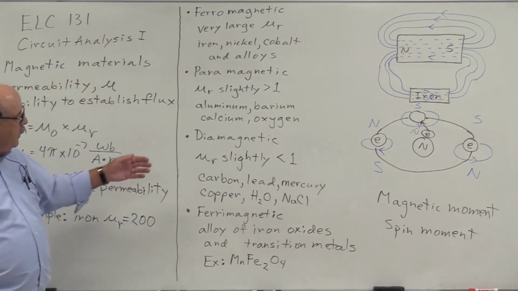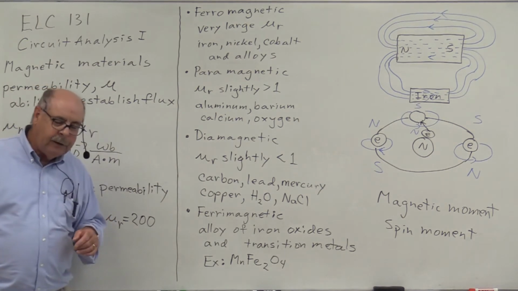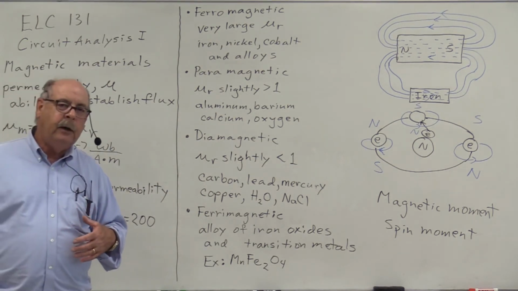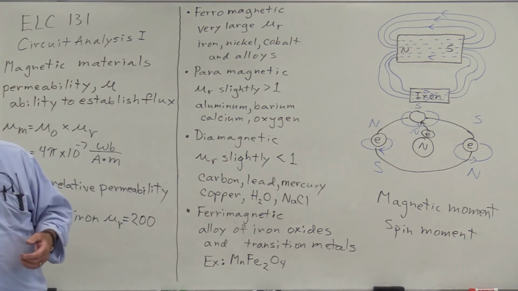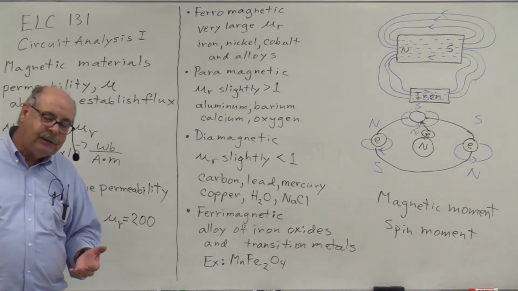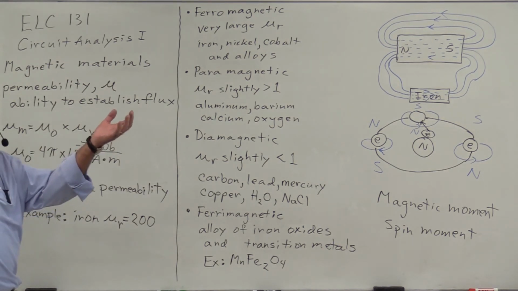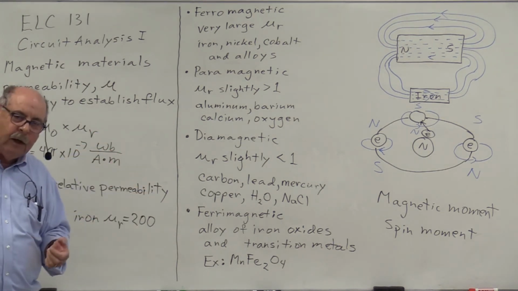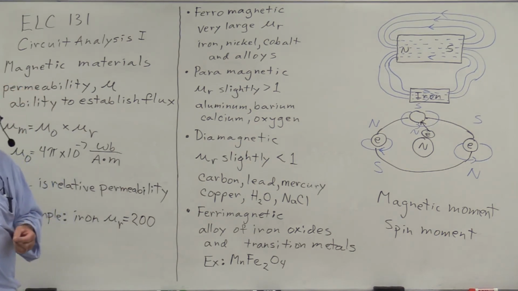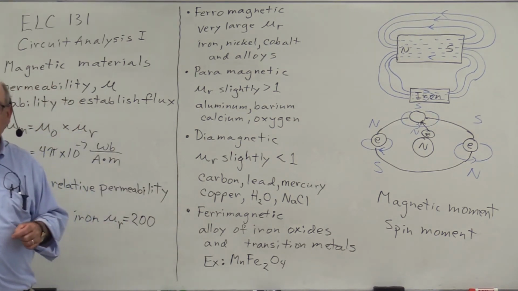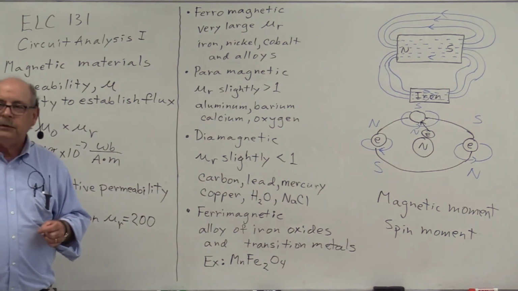Now, the third category of materials are diamagnetic materials. And these are the materials that have a relative permeability value of slightly less than 1. In other words, these materials are actually slightly pushed away from the flux. It's harder for flux to go through carbon than it is to go through the air beside it.